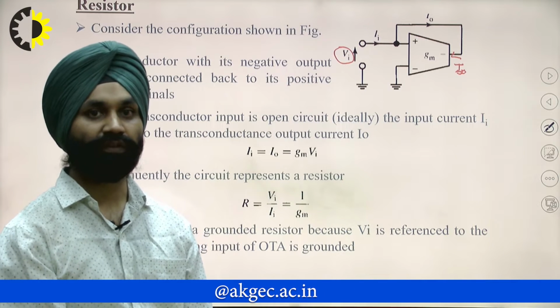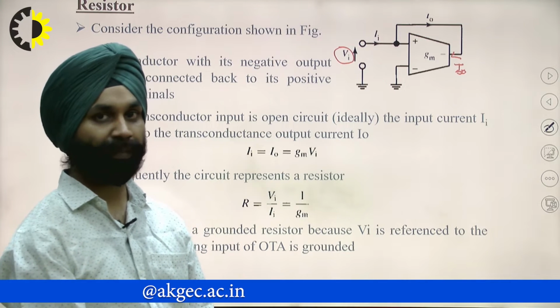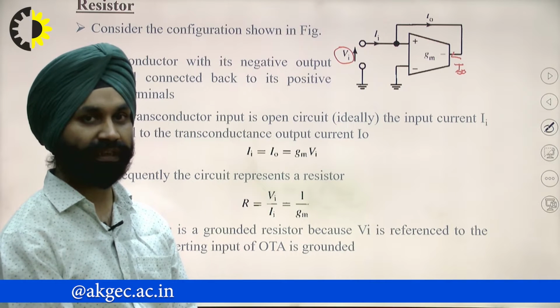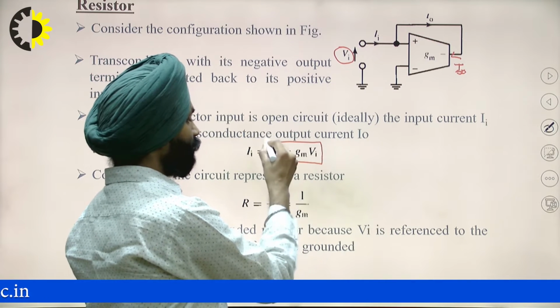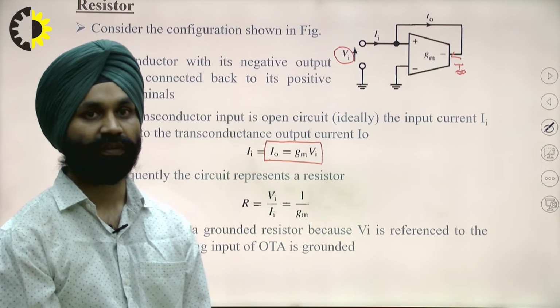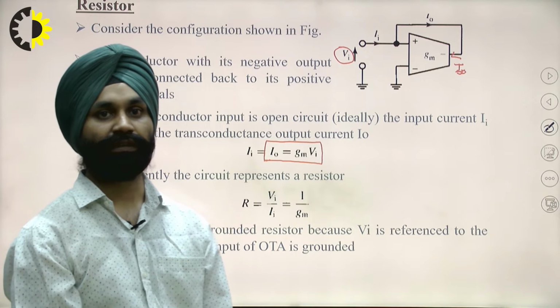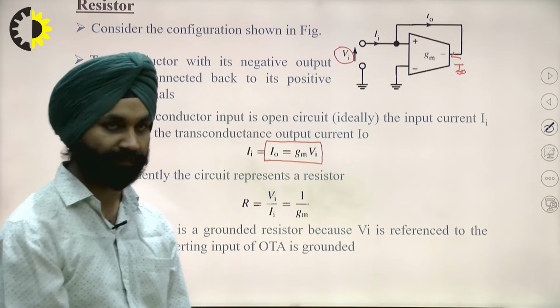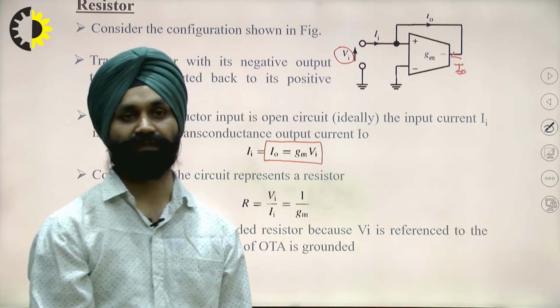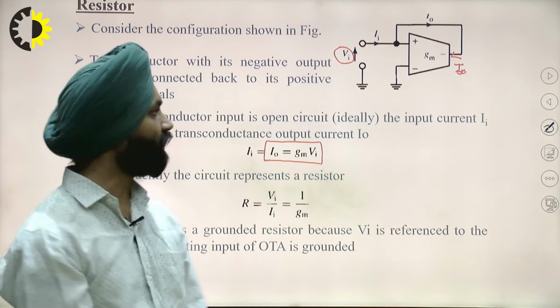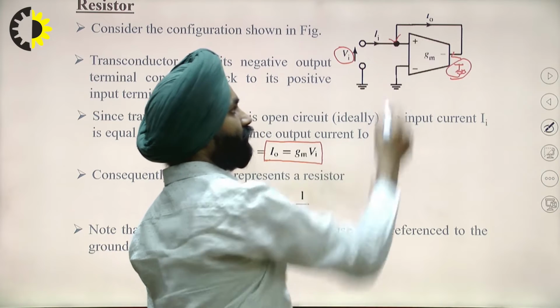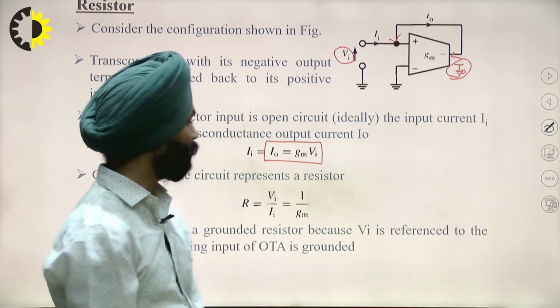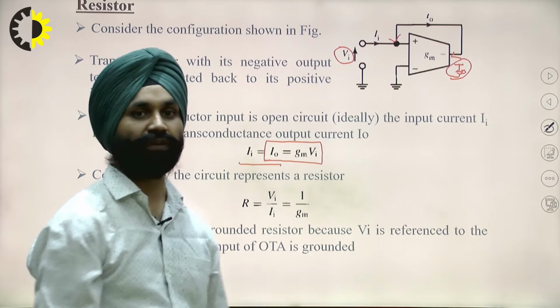So the equation for this OTA will be I0 is equal to Gm into Vi, which is the basic equation for the transconductance. Now, if we give this output to the input, the input current will be equal to the output current, or we can say that I0 is equal to Ii.